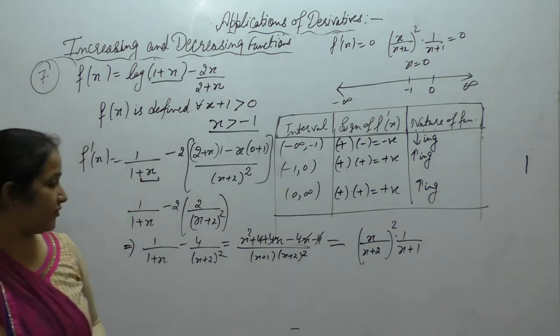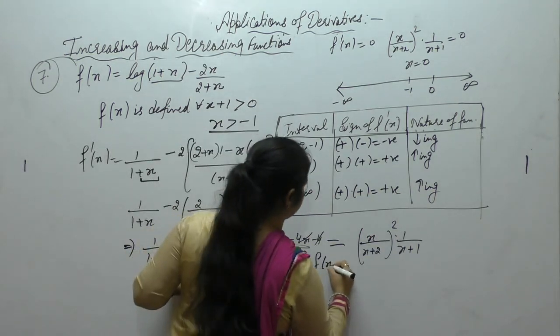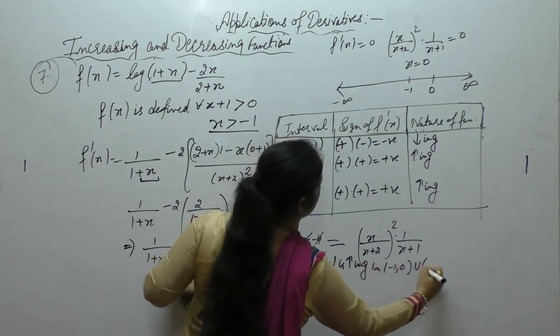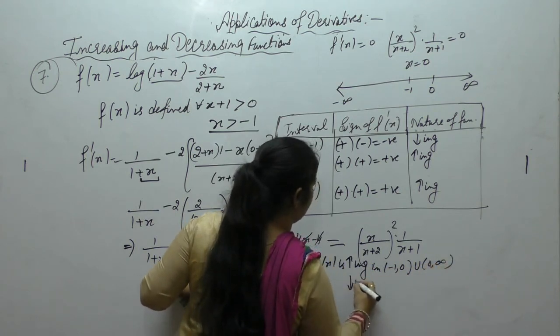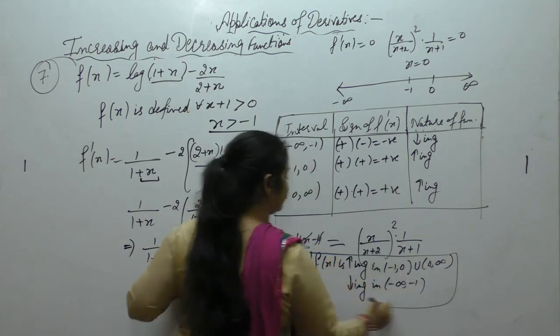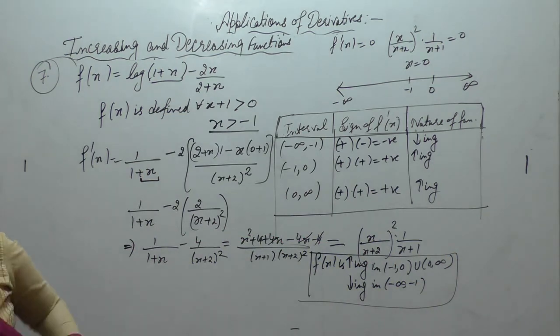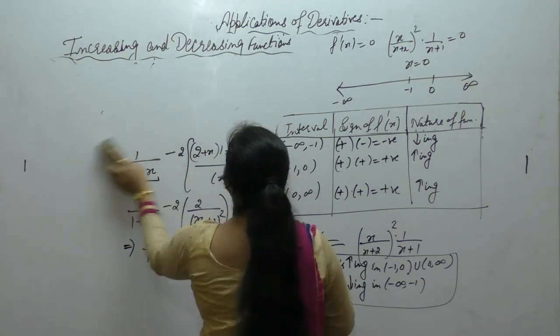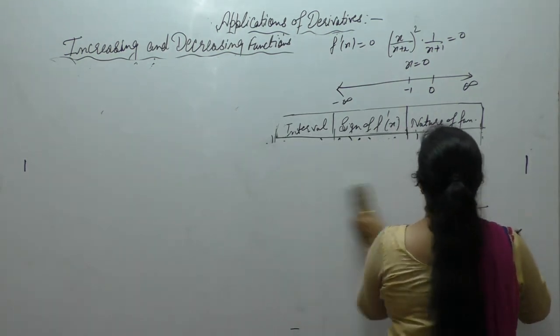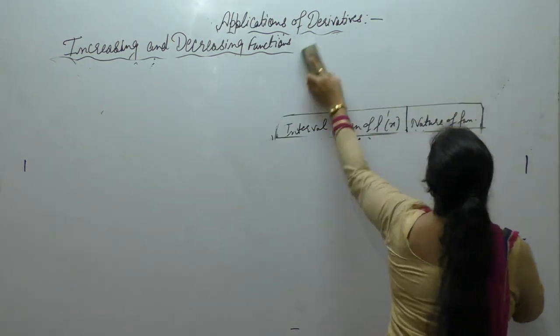So we can say that f of x is increasing in minus 1 to 0 union 0 to infinity, and f of x is decreasing in minus infinity to minus 1. Note it down. Now the next question.